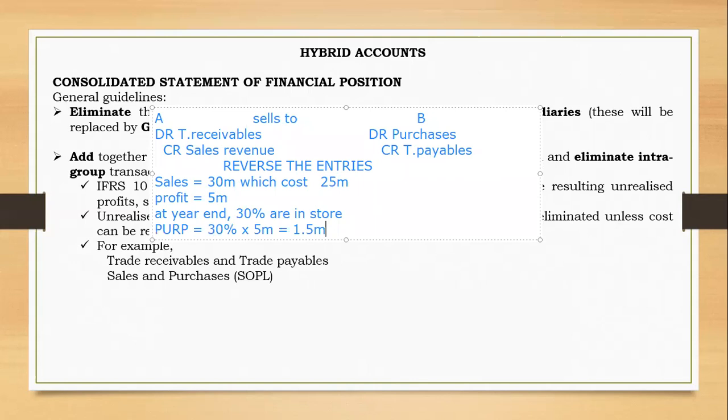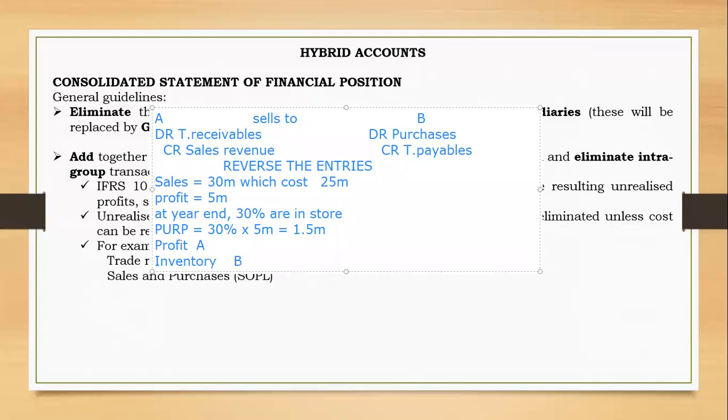Now, how do you eliminate the provision for unrealized profit? It's pretty easy. You just consider who sold. The one who sold would have the profit. A sold, so A had the profit. Profit is on A. And B purchased. If it was goods, B has inventory.